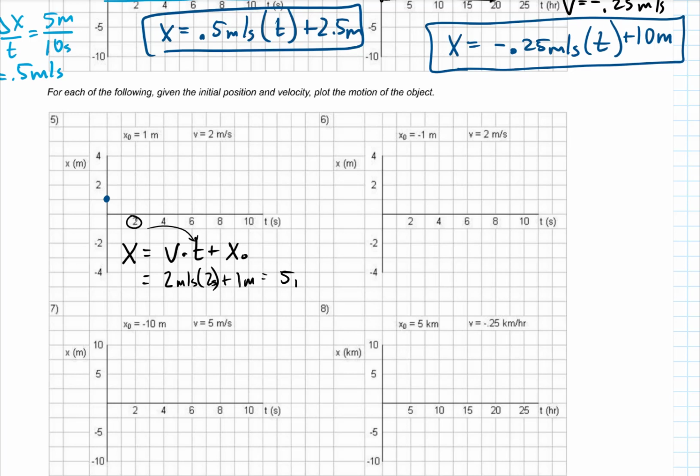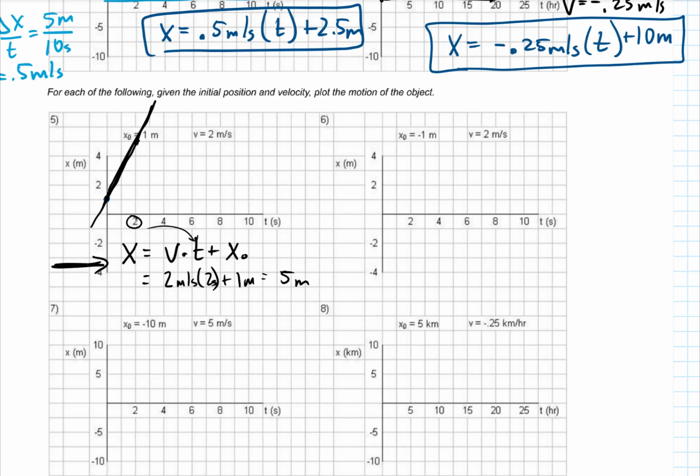That gives me 5 meters. So I know my initial position is 1, and my position at 2 seconds is 5 meters. And so with those 2 points, I can draw my line. I'm going to do it this way all the way through this worksheet, but you could always count according to the scale on your graph if you wanted to.